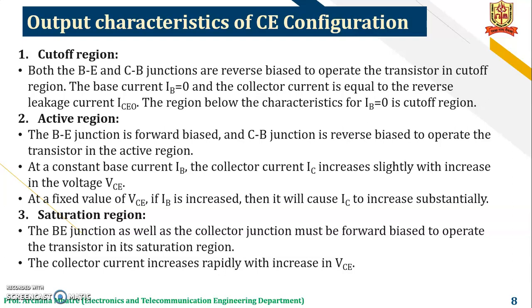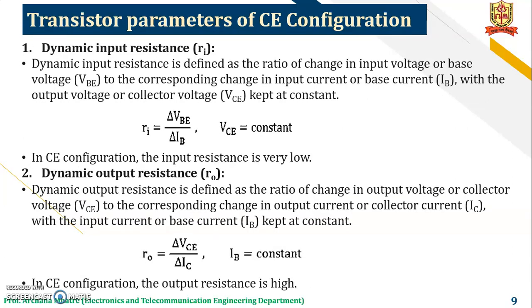In the saturation region, both the emitter base junction and collector base junction are forward biased to operate the transistor in its saturation region. The collector current increases rapidly with increase in the output voltage VCE.